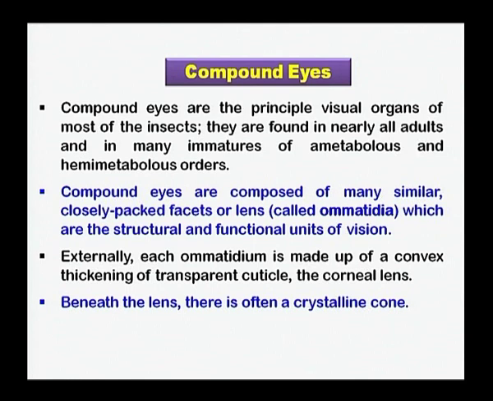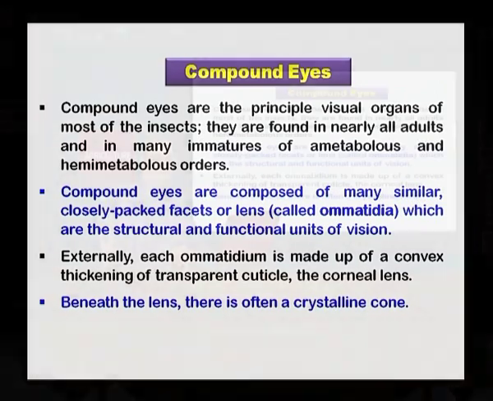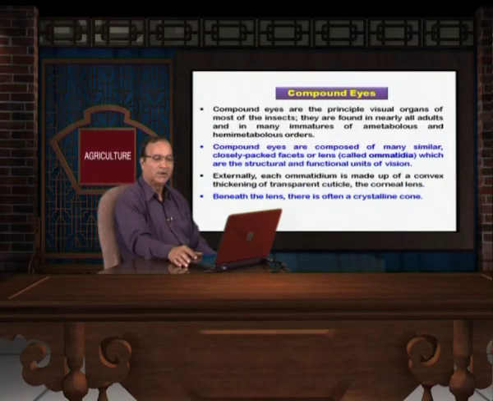Externally, if we look at the ommatidium, it is made up of a convex lens which is transparent and made up of cuticle, known as the corneal lens. Below the lens, we find a crystalline cone.